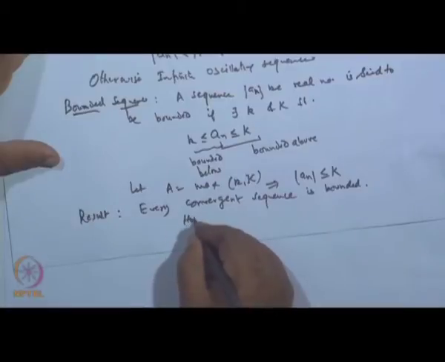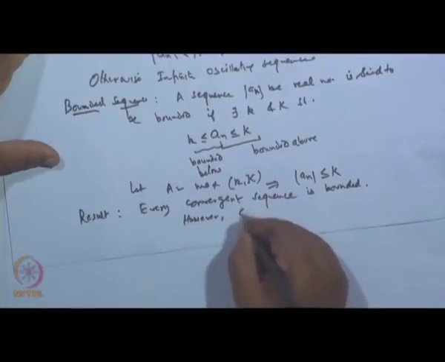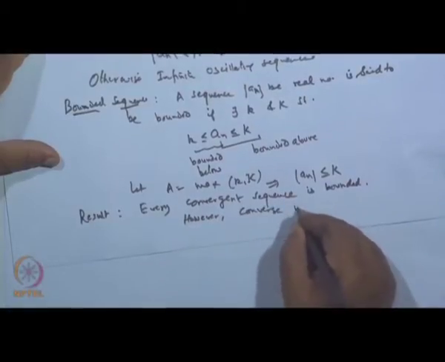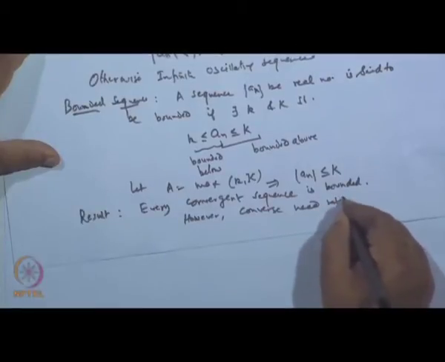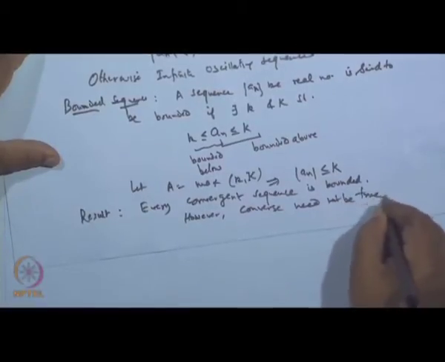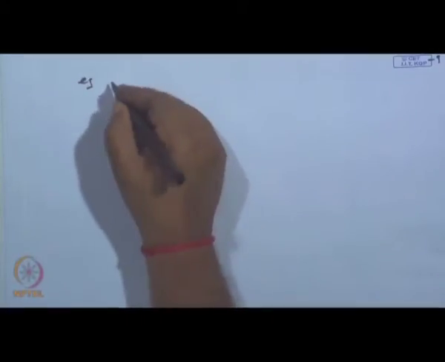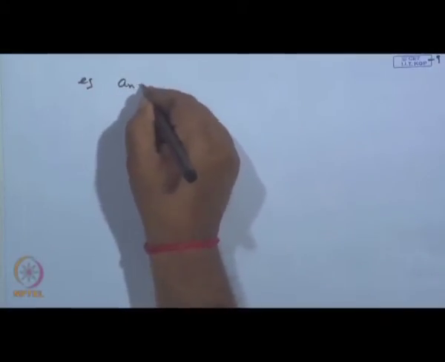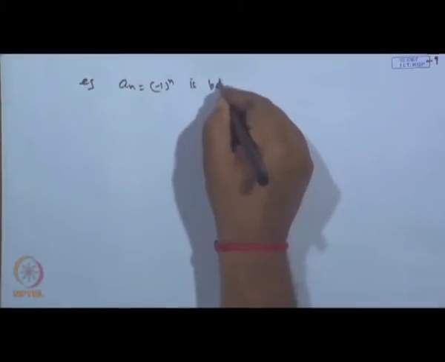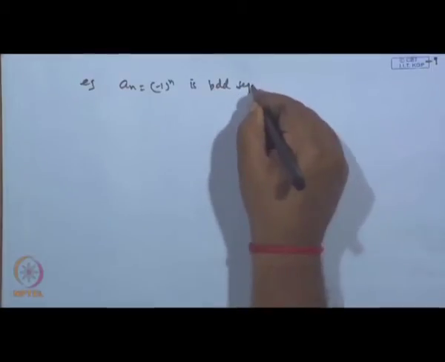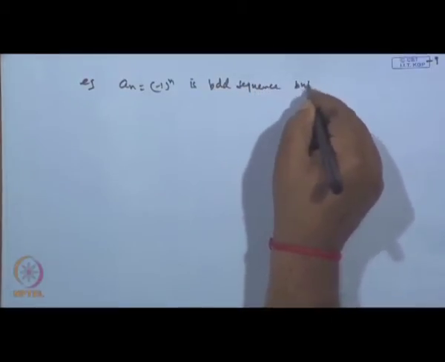However, the converse need not be true, because, for example, if you take the sequence A n equal to minus 1 to the power n, this is a bounded sequence but not convergent.